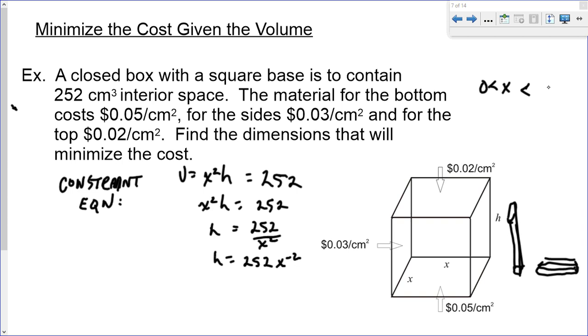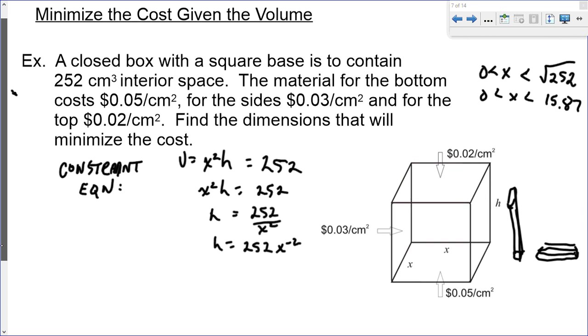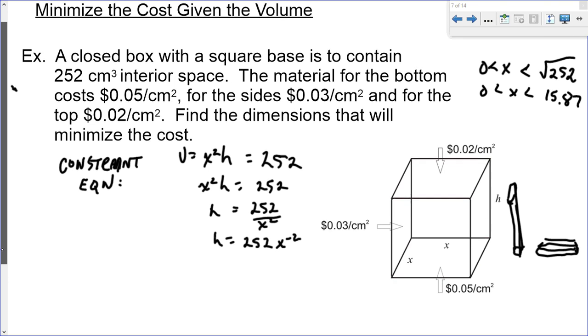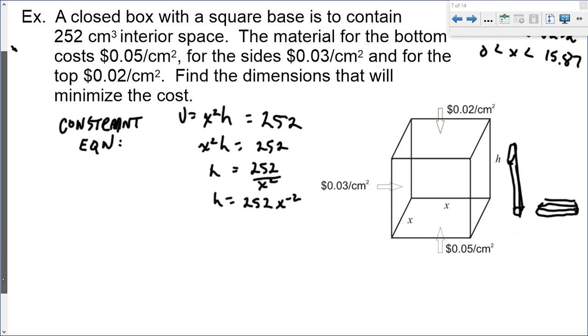So the upper boundary is the square root, because the base is x squared, of all of the remaining amount, so that's 252. The square root of 252, I think I have that down to approximately 15.87. So in some ways, we're looking for an answer that lies between 0 and just under 16 centimeters.